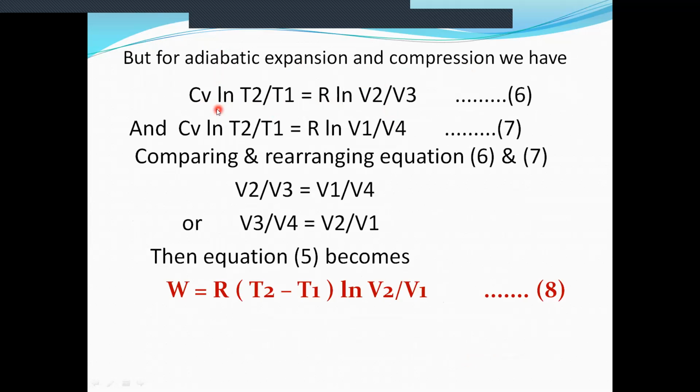Call this equation number 6. And CV ln T2/T1 is equal to R ln V1/V4, equation number 7. Now observe these two equations, 6 and 7. What is common here?